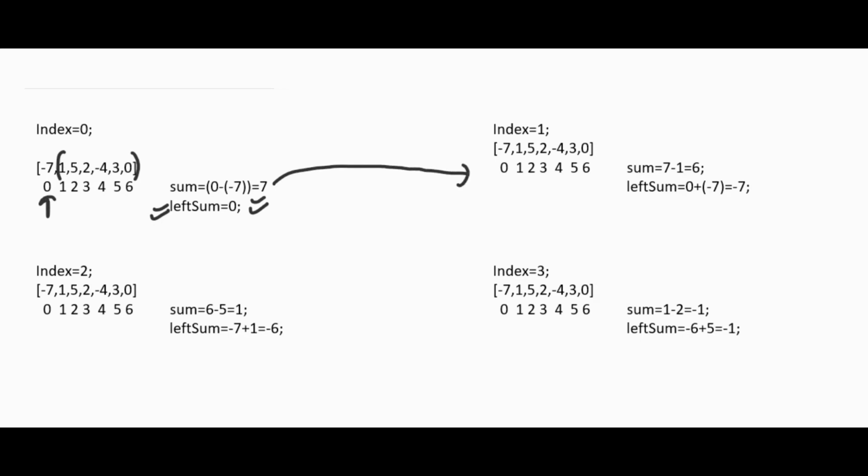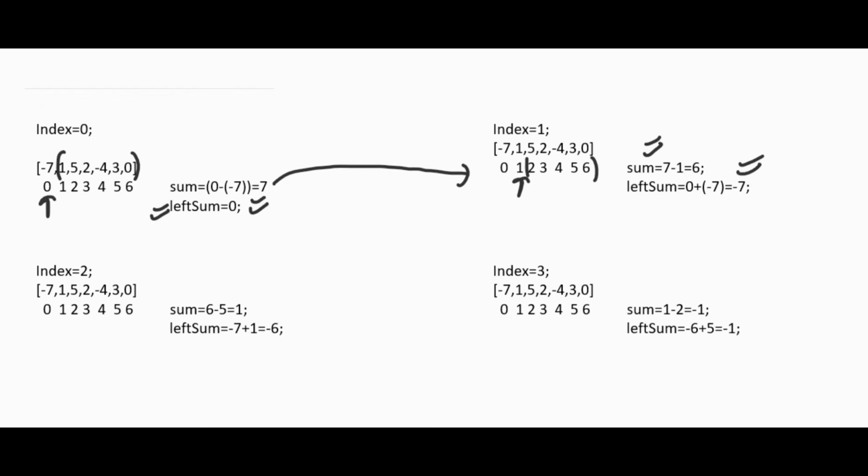That means we already have the sum of elements from 1 to 6. To calculate the right sum of index 1, we subtract the element at index 1 from the total sum from 1 to 6. We will get the sum of elements from index 2 to 6. And to calculate the left sum, we add the previously traversed element to the left sum which we have already calculated.